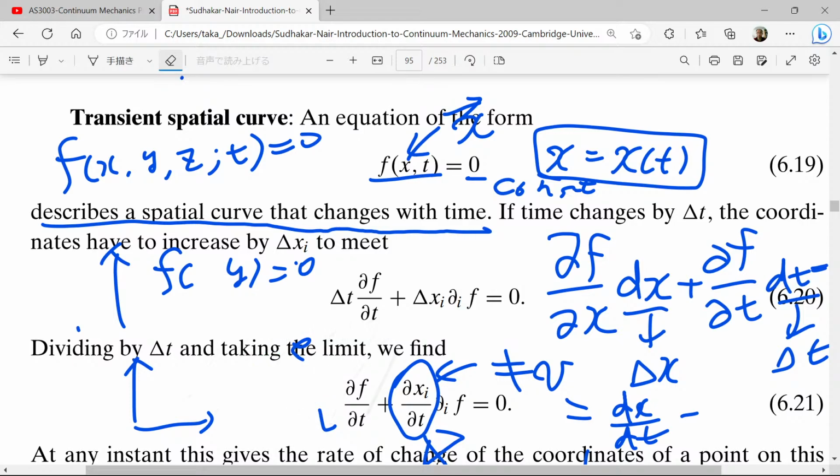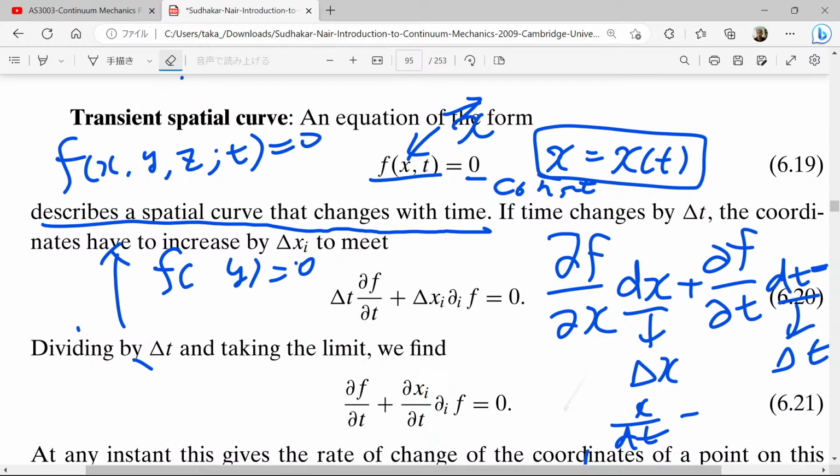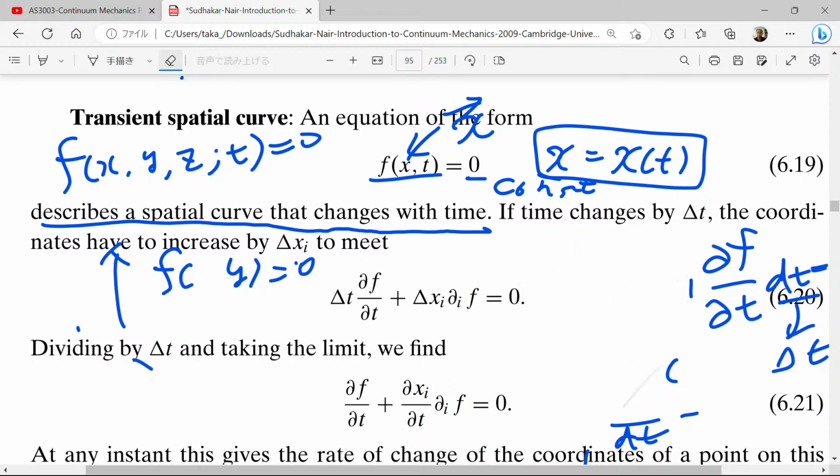Not so sure. Spatial curve that changes with time.